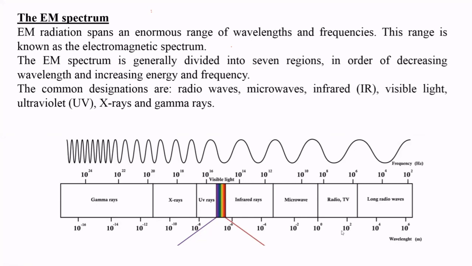Based on the wavelengths and frequencies, electromagnetic radiation is divided into 7 groups. See this. What are those 7 groups? We will see.